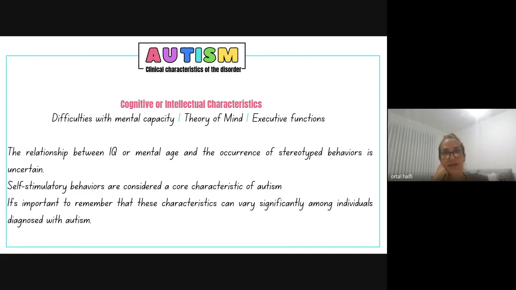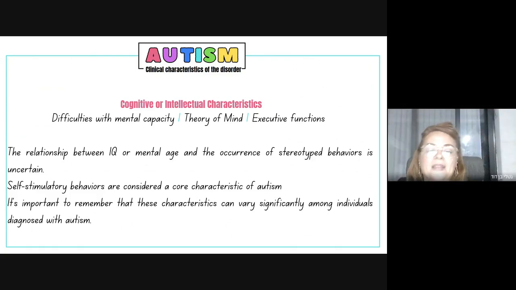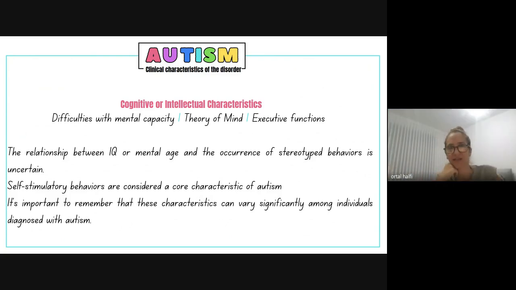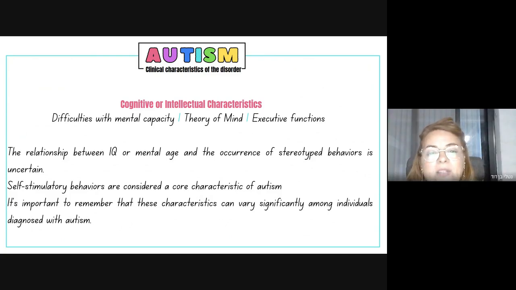Okay. Difficulty with mental capacity. Considered a central explanation for self-stimulatory behavior. Theory of mind, the ability to understand and relate to the mental states of others: self-stimulatory behavior may serve as a coping mechanism for these difficulties.